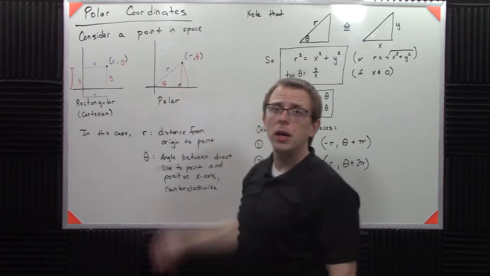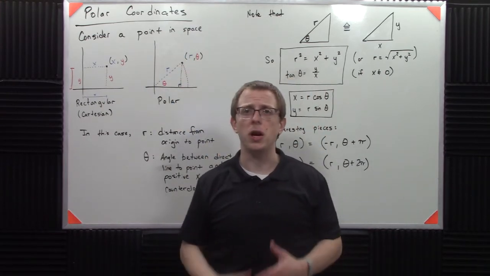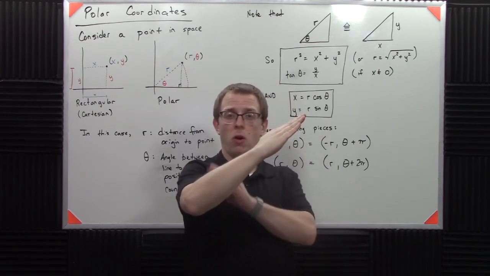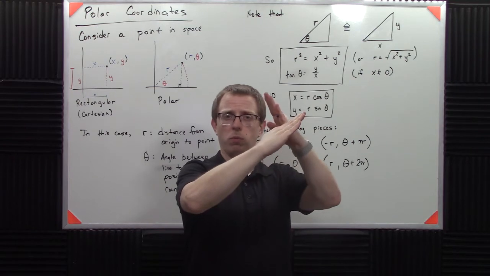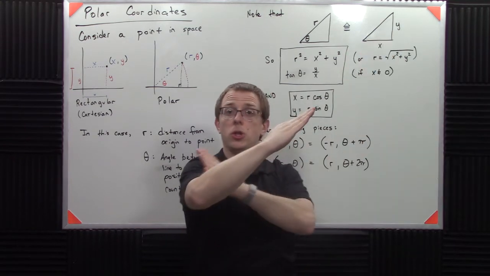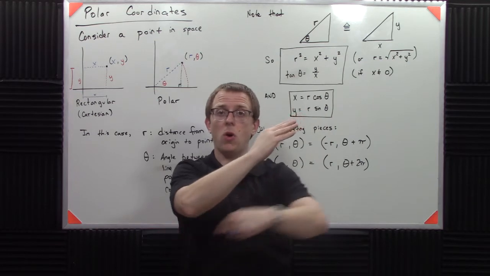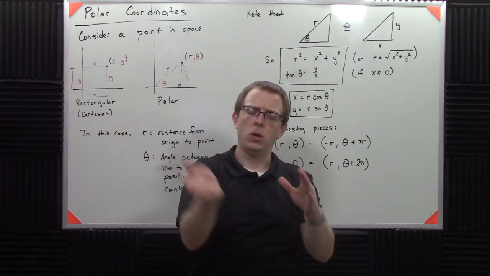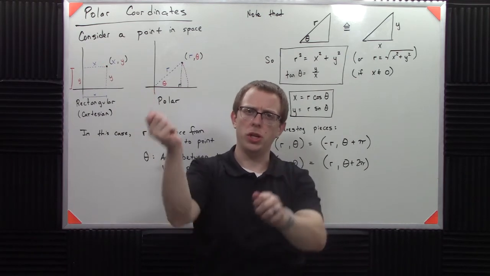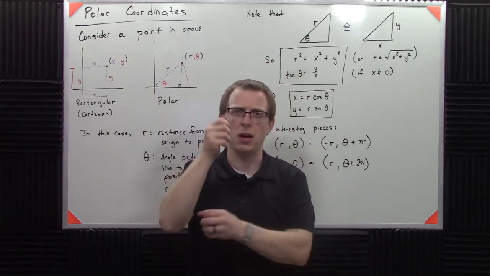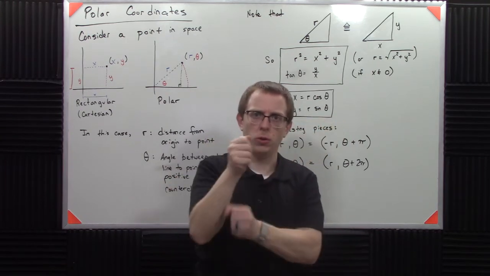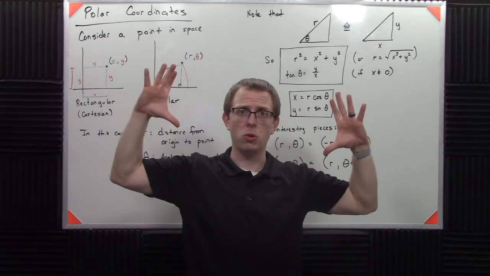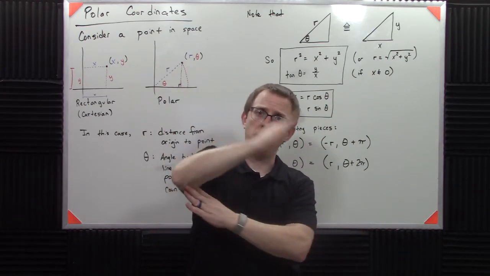And then if you think about all the cases where theta is pi over 4, well, then r could be 1/2, it could be 1, it could be 3, it could be 1,000. So the theta spaces are actually lines. They're lines through the origin and they rotate, as opposed to x and y, which are gridded out. So you have these concentric circles for r, and you have these sweeping lines for theta.